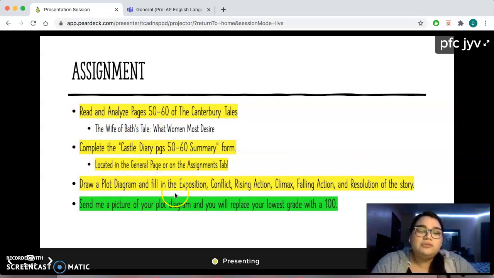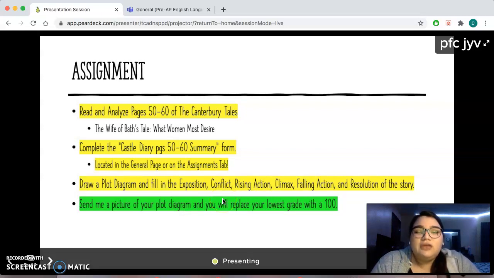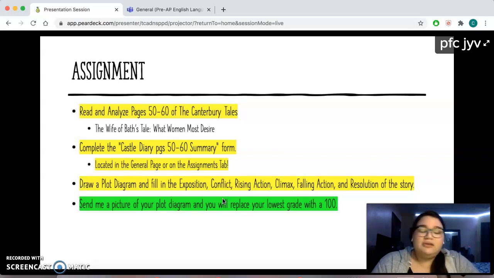If you do the plot diagram, you draw it and fill it out with all the information, you can send me a picture of your plot diagram and I will go ahead and replace one of your lowest grades with a 100. Again, it's not mandatory. You don't have to draw the plot diagram, but if you do it, you get one of your lowest grades replaced. It doesn't matter if it's a 0, it will be replaced with a 100. So I would 1000% recommend for everyone to do this.